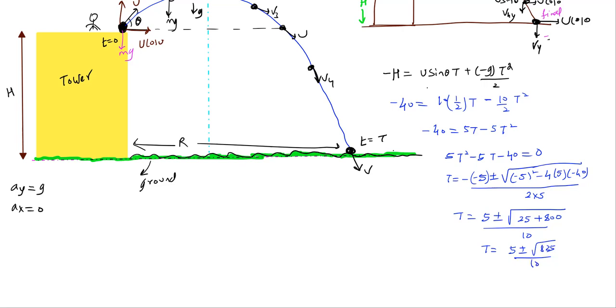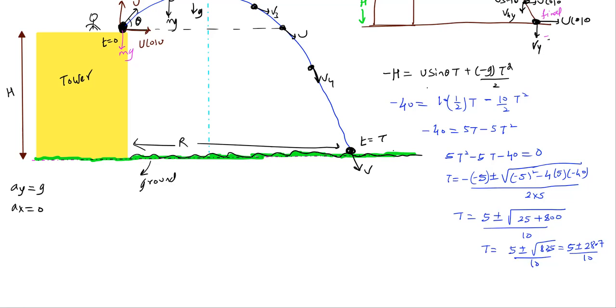Let me calculate it. Root 825 is 28.7. So 5 plus or minus 28.7 by 10. Usually, what time will we take? The time should be positive.